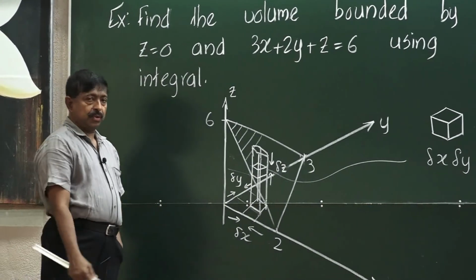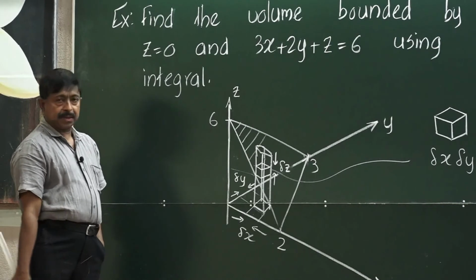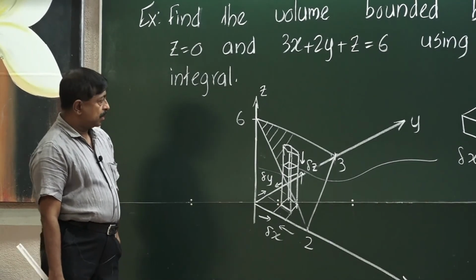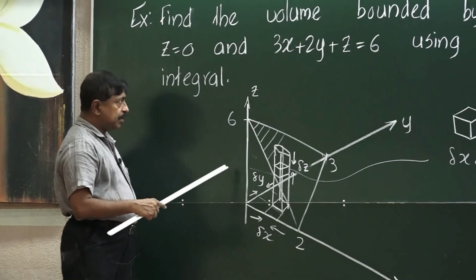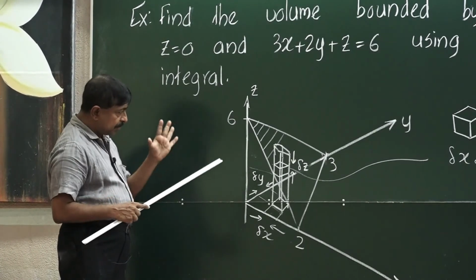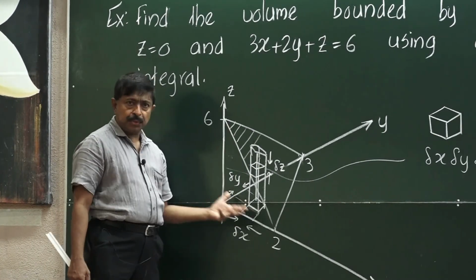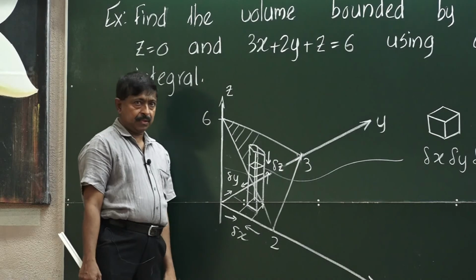So, we will see how we apply double and triple integrals there in subsequent videos. In the next video, we will do a problem similar to this, where the density or the charge varies from point to point. Okay, thank you.